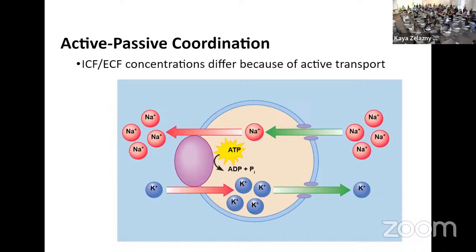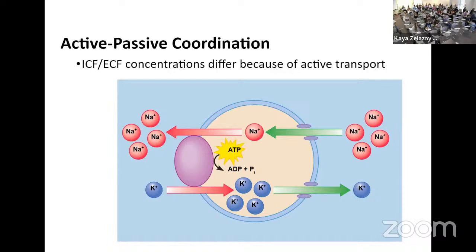So we know from the very beginning of this unit that we have different concentrations in our different fluids. So we have different concentrations of our ions and our other molecules in the intracellular fluid inside the cell versus outside the cell in the extracellular fluid.